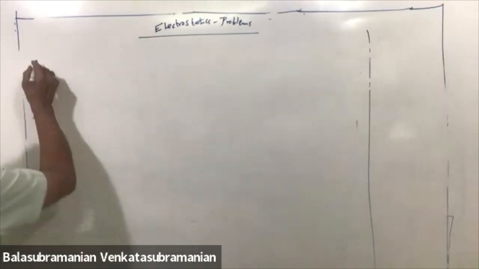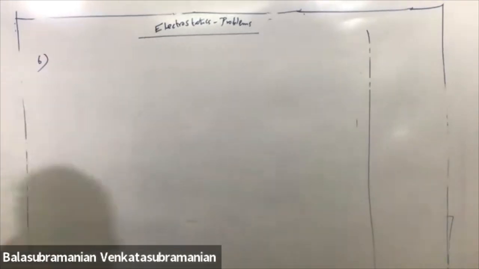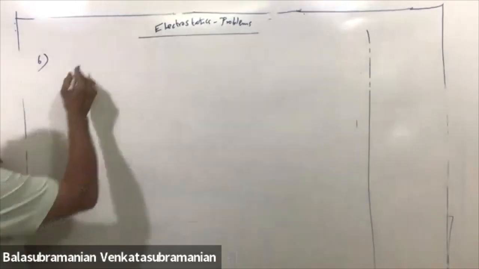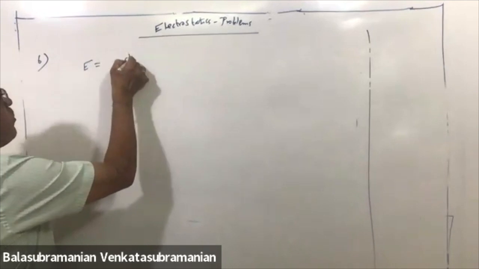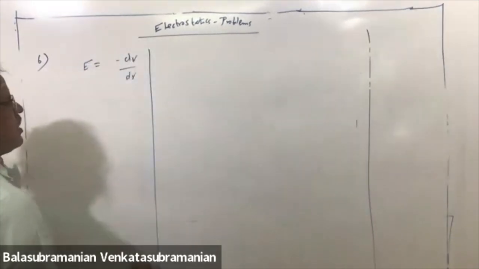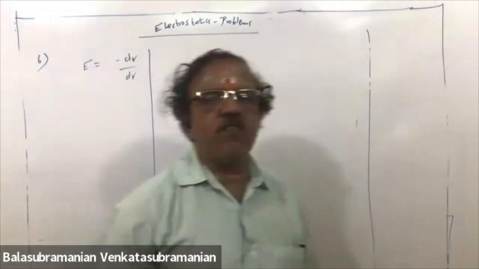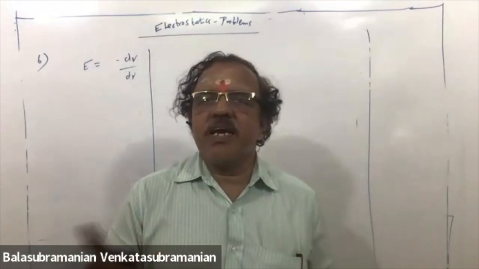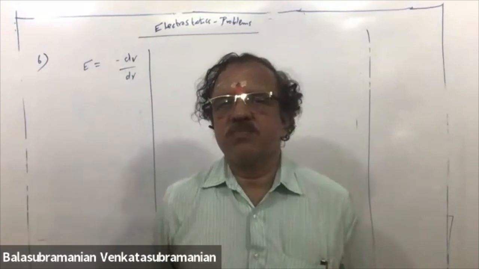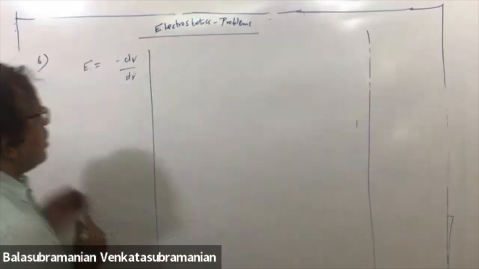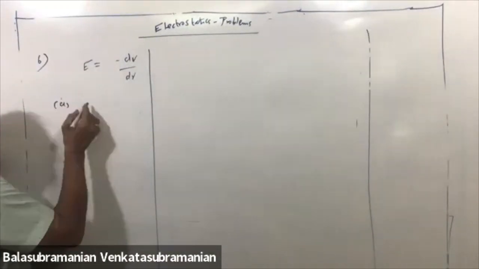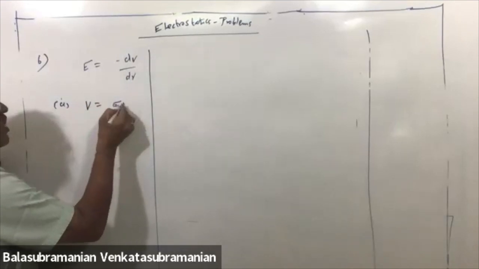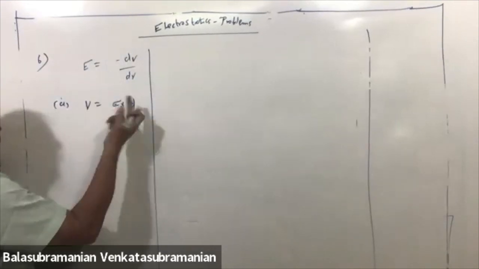General formula for electric field versus potential is E is equal to minus dV by dr. Potential gradient is electric field. That is in magnitude V is equal to E into d or E into r.